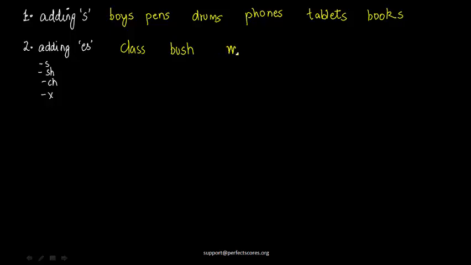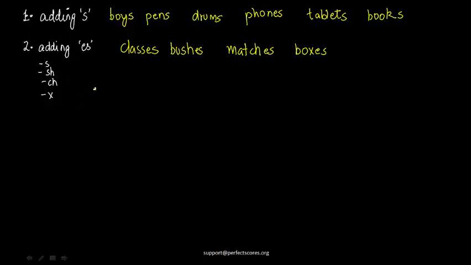Let's take the example of the word match that ends with CH. And let's take another example, that of box that ends with X. Now what we are going to do to convert them into plural is add ES in front of them. You get classes, bushes, matches, and boxes. So that's the rule that you have to follow if the word ends with S, SH, CH, or X.